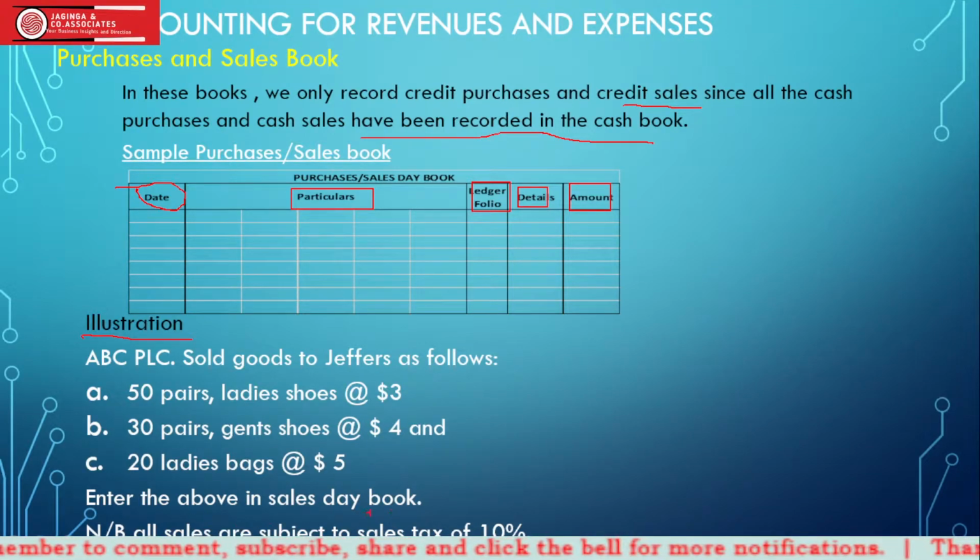So enter the above in sales day book, and all sales are subject to 10% sales tax. So after getting the total amount, we need to add 10% tax so that we can get the total amount that we're supposed to invoice to Jeffers and record into our sales day book.